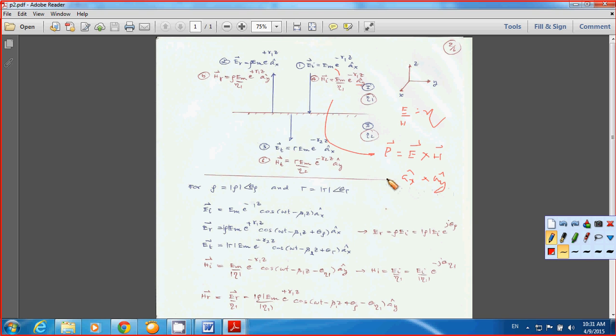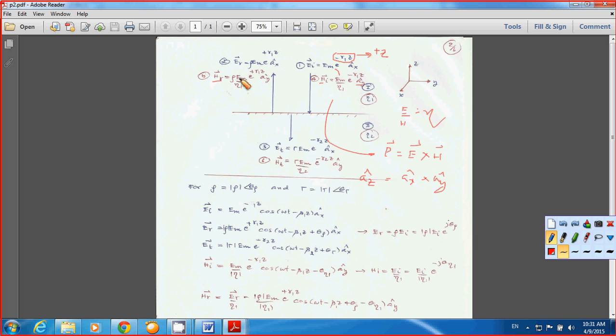So AX cross AY, you notice, ends up being AZ, and that agrees with what you have here. This represents the direction of the electromagnetic wave propagation. So this one is moving in the positive Z direction. These have to be related to each other. Okay, so now you already have HI. So what about HR, the reflected magnetic field?